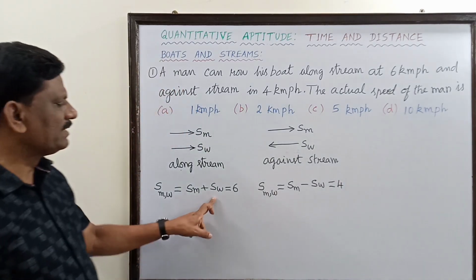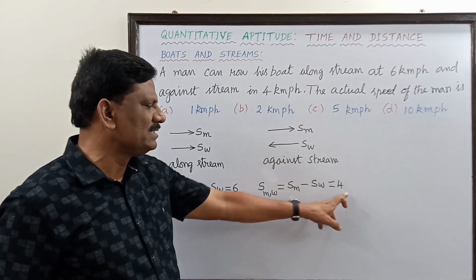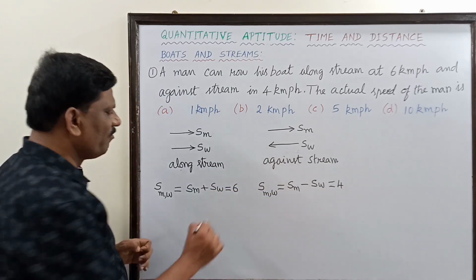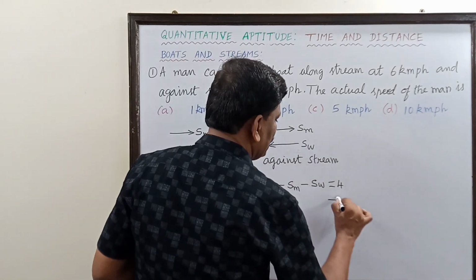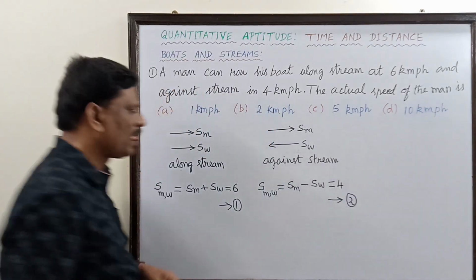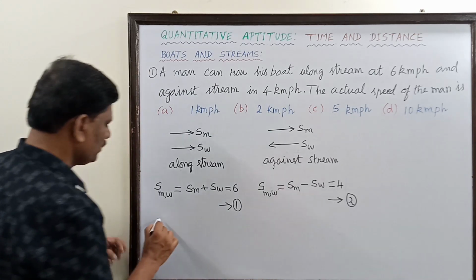So Sm plus Sw is equal to 6 and Sm minus Sw is equal to 4. So this is the first equation and this is the second equation. Now I am going to add these two.